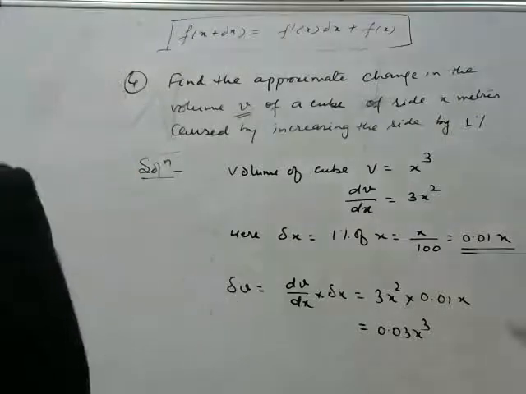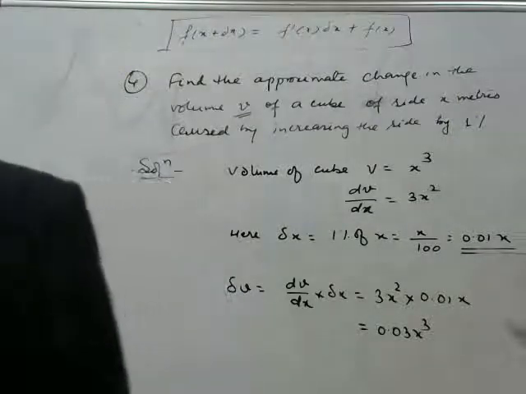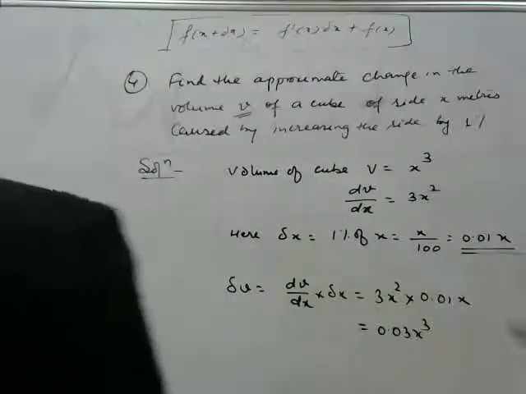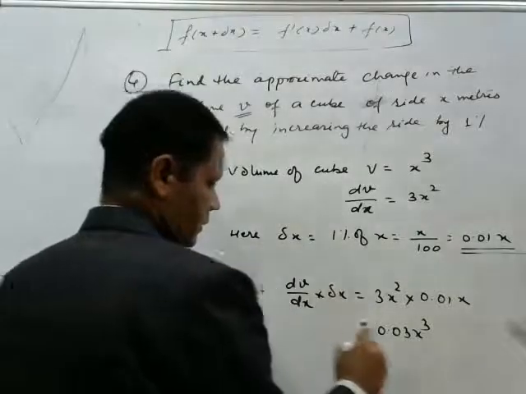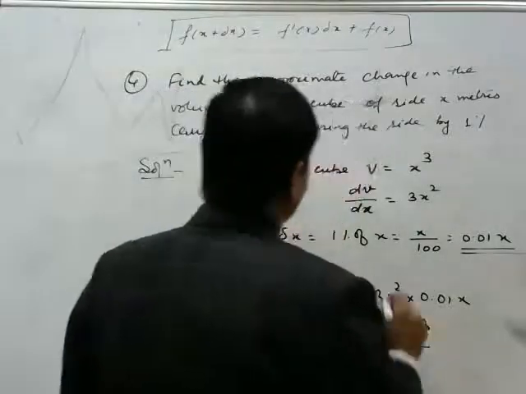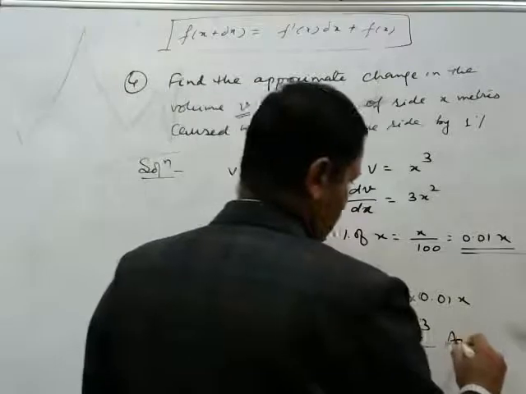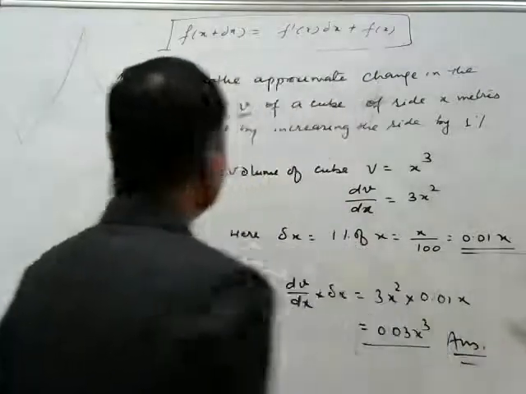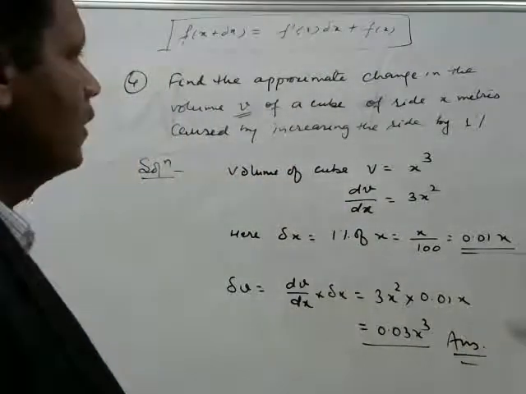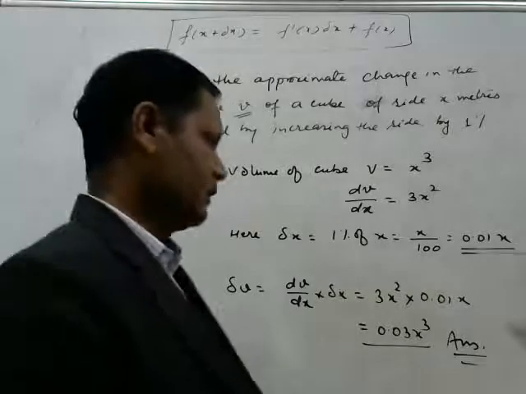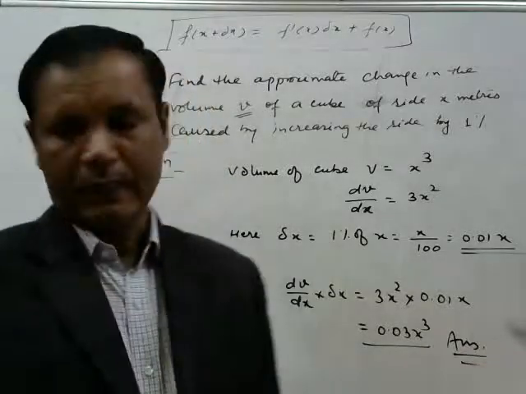This 0.03x cube is the approximate change in the volume V of a cube having side x, and this is the answer, right?